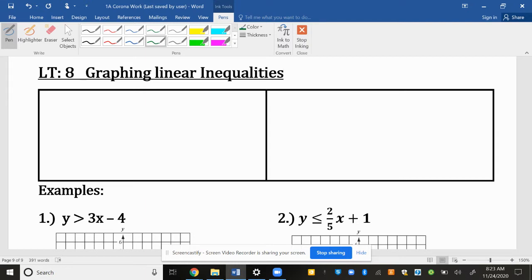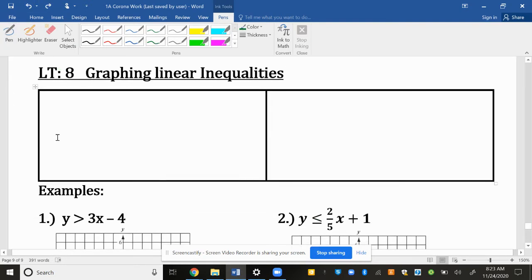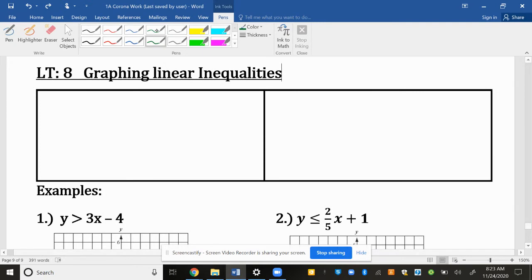So on the left, I'm going to show you the rules on whether you're going to do a solid line or a dotted line. So very simple. If you have these two symbols here, less than or greater than, without the equal sign under it, just less than or greater than, you are going to do a dotted line.